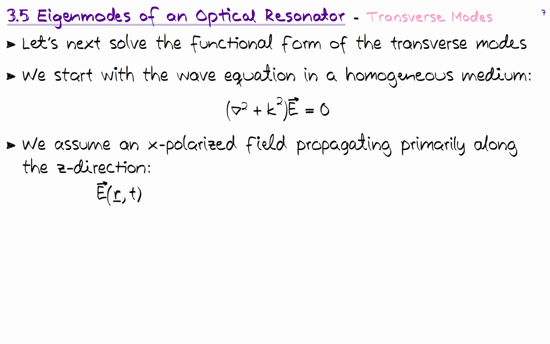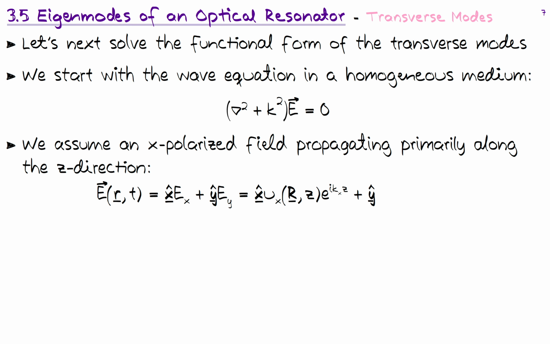So now we have a field that propagates along the r direction, and mostly it's really along the z direction. In principle we could have an x-polarized field component and a y-polarized field component, but we are assuming that we only have the x-polarized component so that we can simplify the mathematics.